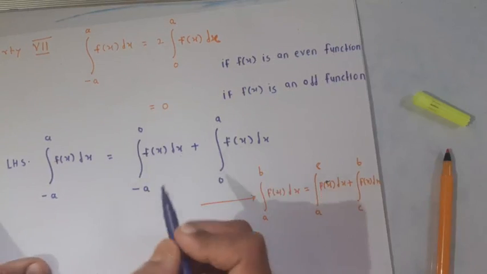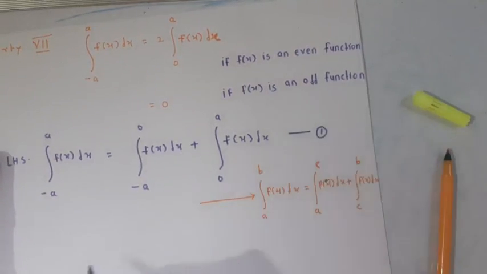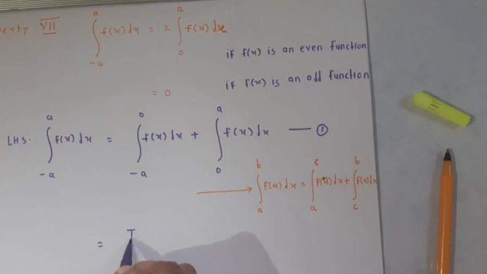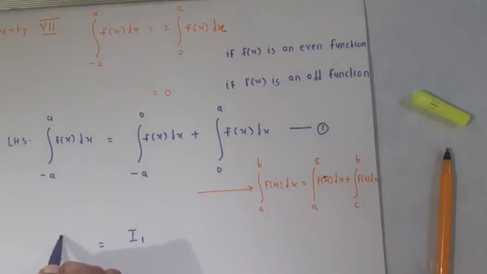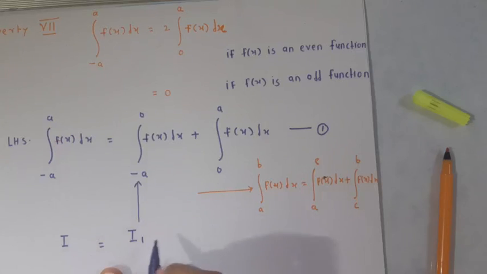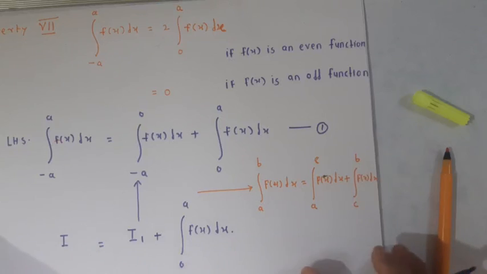Suppose the first integral is I1. Then I equals I1 plus integration from 0 to a of f of x with respect to x.